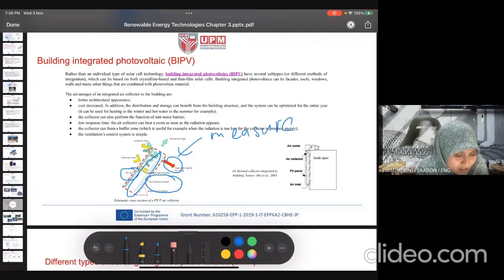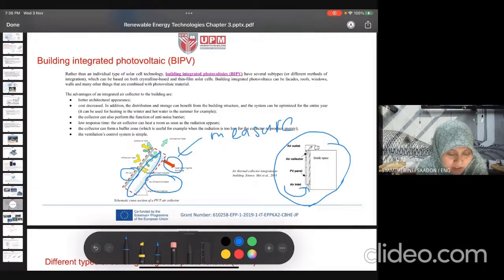This is another schematic diagram of the air thermal collector. The air will enter the collector from below.